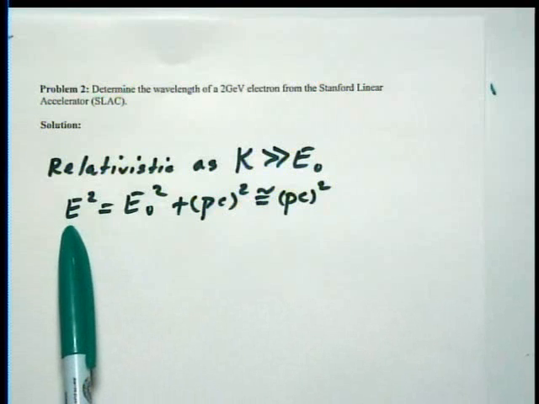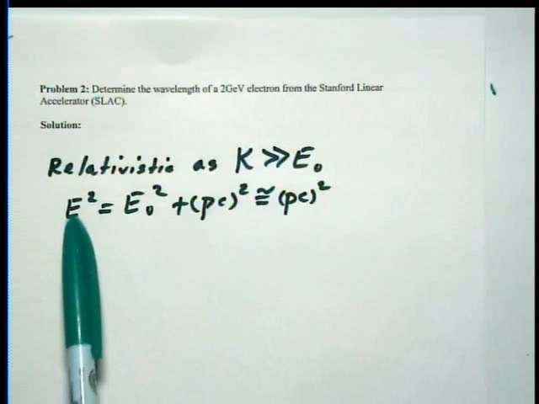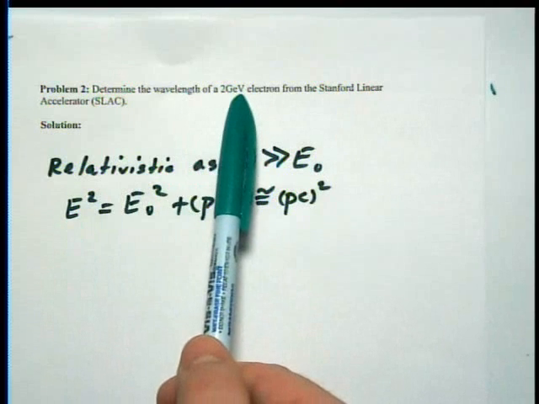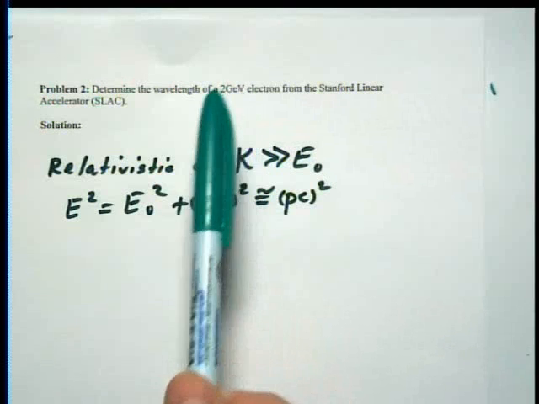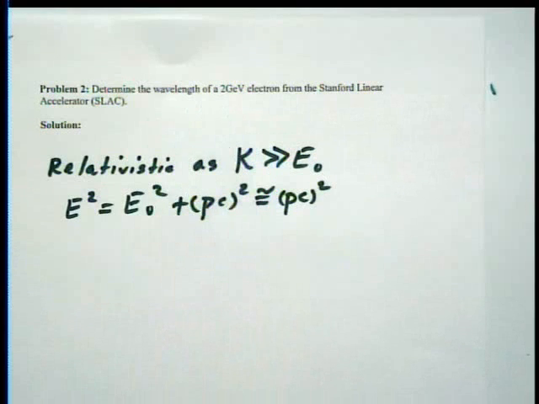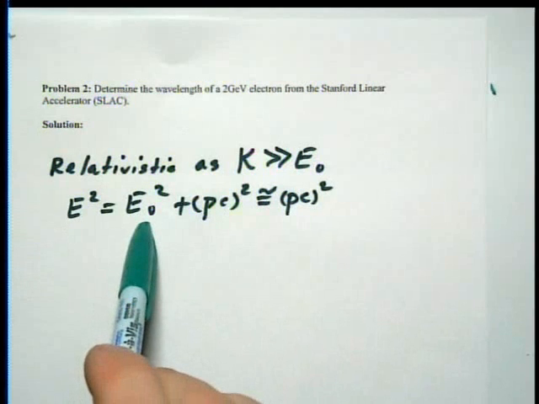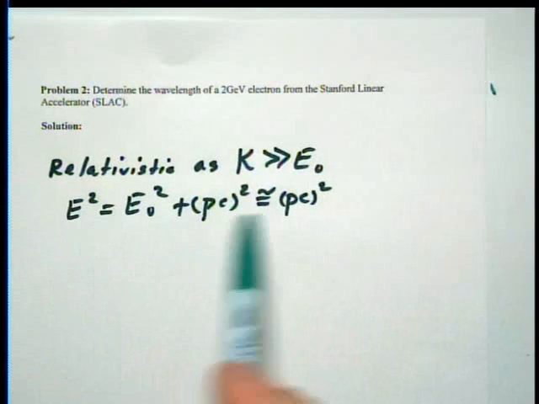This energy here is so heavily dependent on the 2 GeV. There's 2,000 MeV plus 0.51, it's still about 2,000. So you can just ignore this because you're going to square it. So this is just about that.